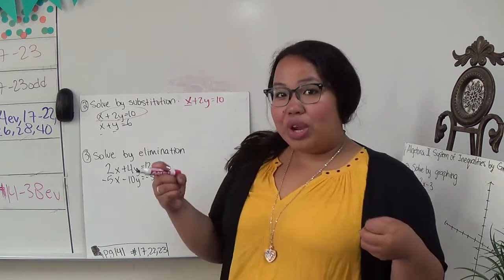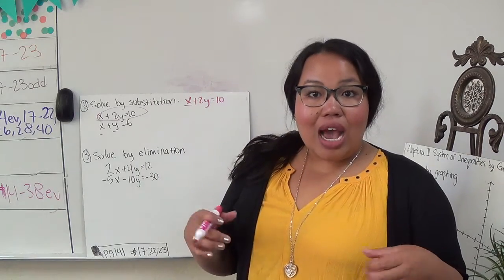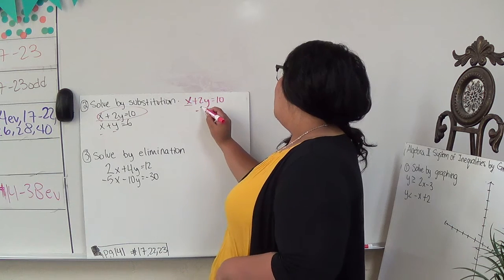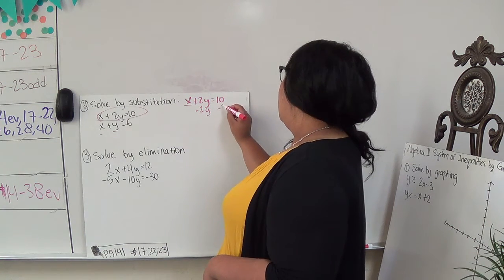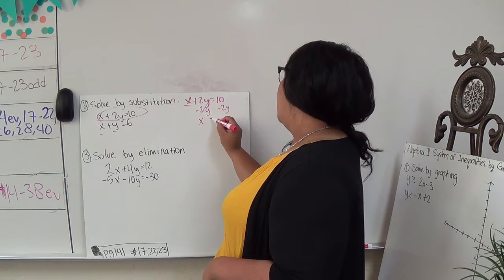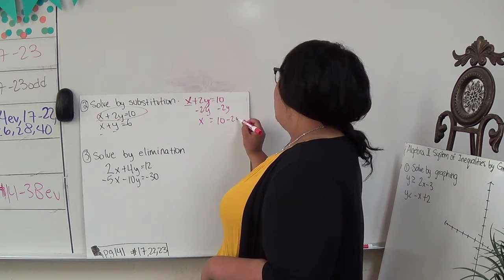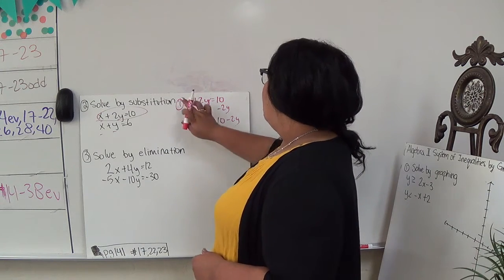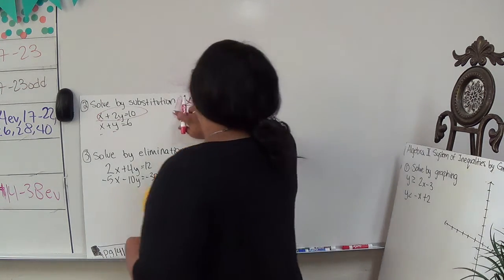I'm not trying to separate the 2 and the y, so I'm not dividing. I'm taking the whole thing and moving it over. The opposite of positive 2y would be negative 2y, negative 2y on each side. So I would end up with x, because this cancels out, equals 10 minus 2y. Right? So my first step is to solve for a variable.